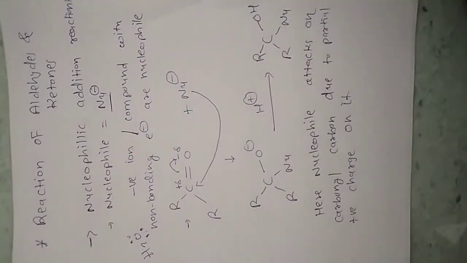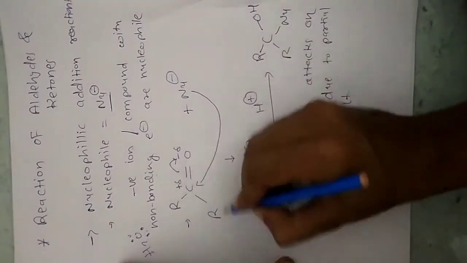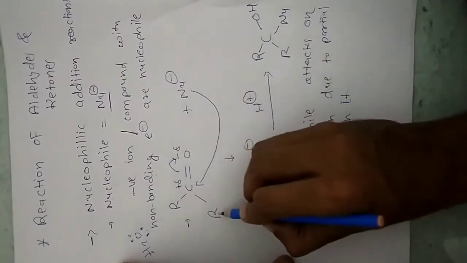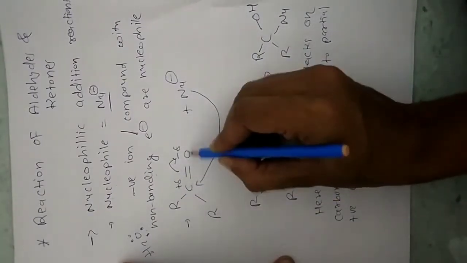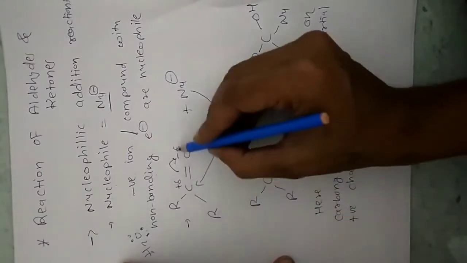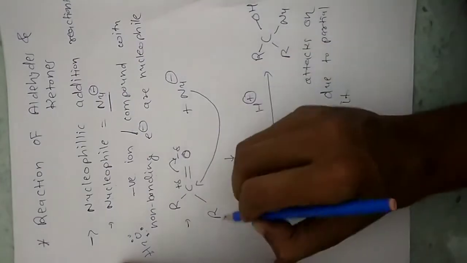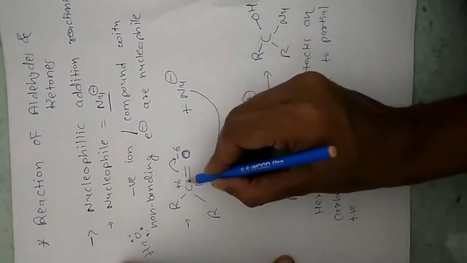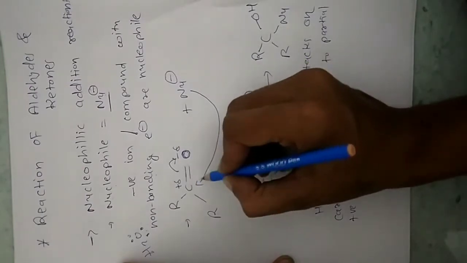Now, how does the reaction occur? Here you can see this one is our ketone, R C double bond O R. This one is our carbonyl group. As we discussed earlier, in the carbonyl group, oxygen has more electronegativity, so oxygen is attracting the electrons.